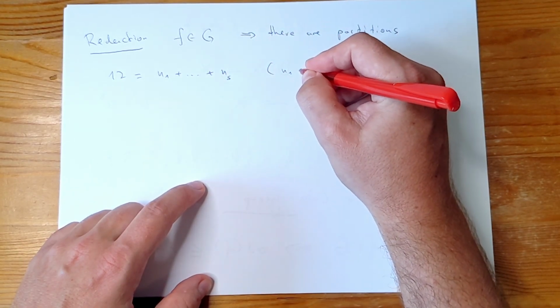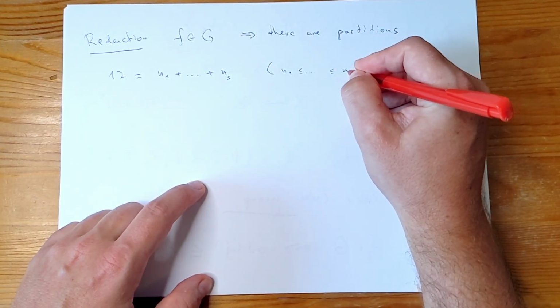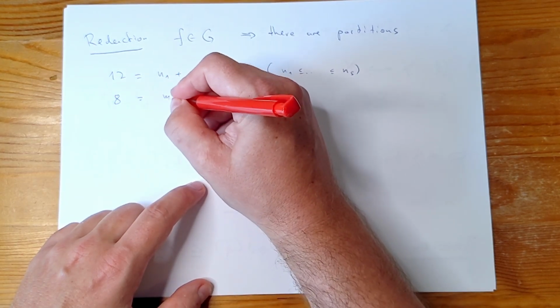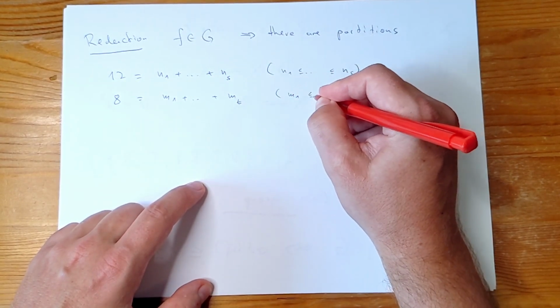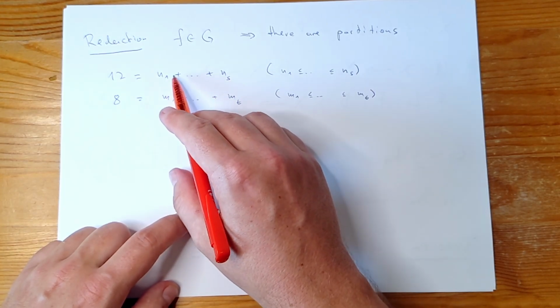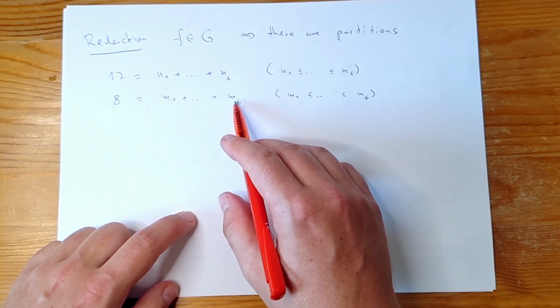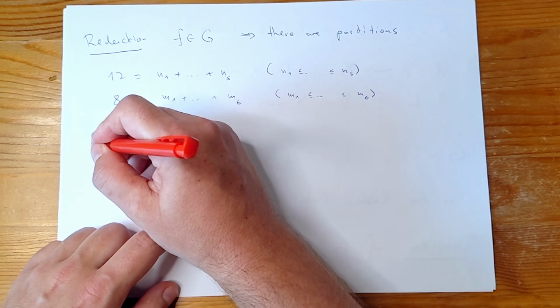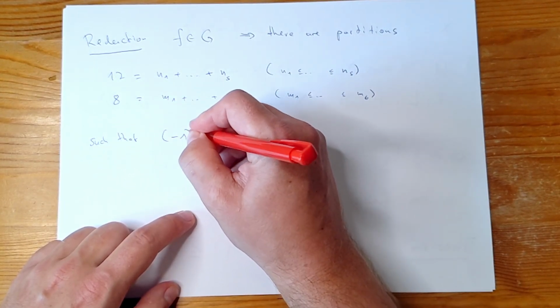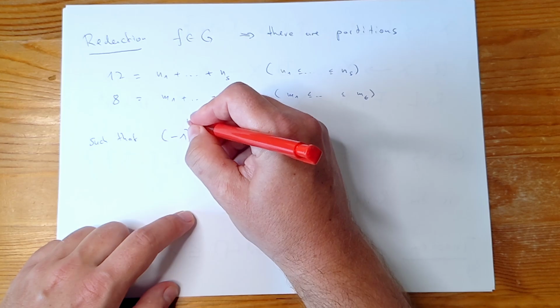So again, we may assume that they are increasing here, and also of 8, such that the signatures corresponding to these permutations are the same.